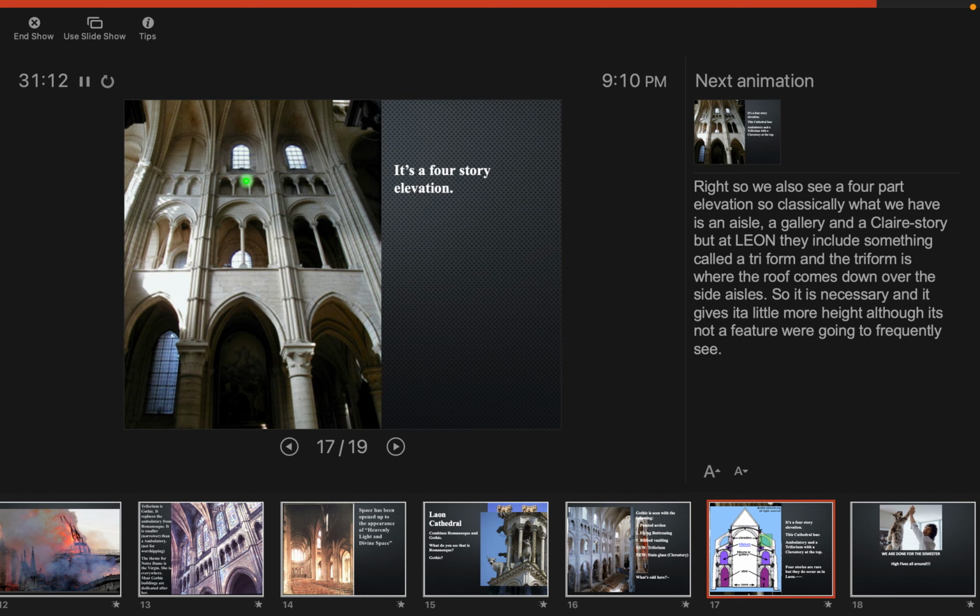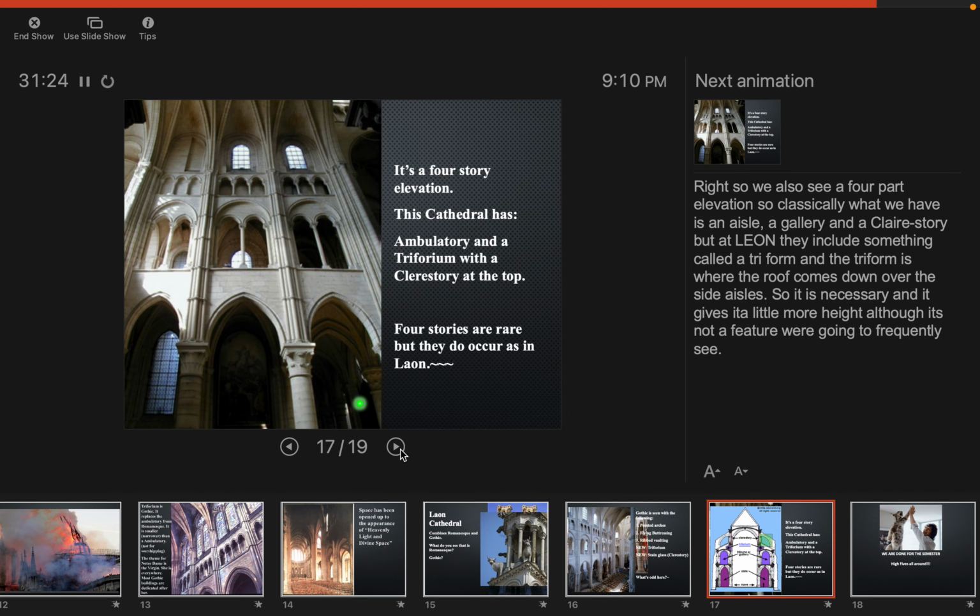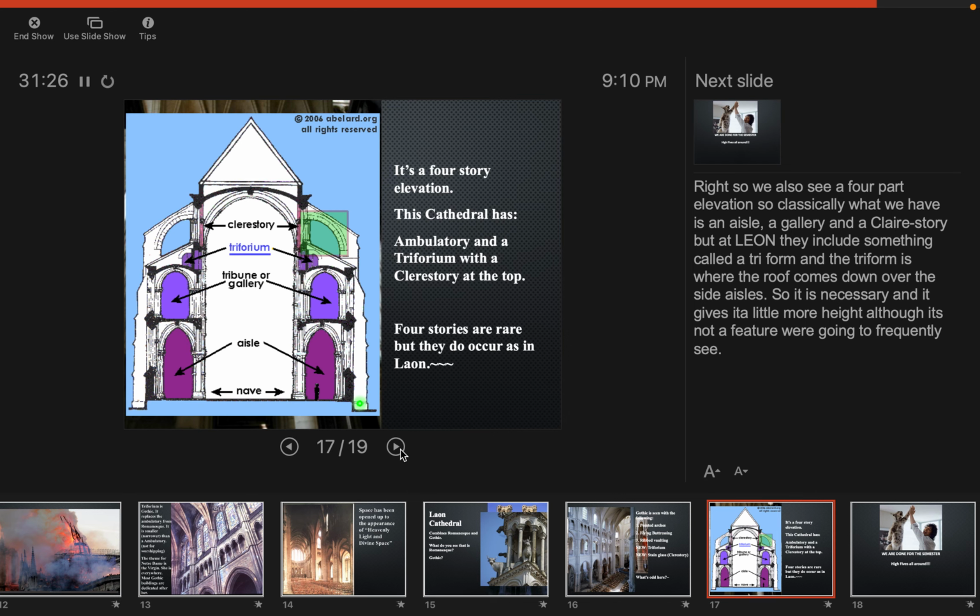So, this is no longer something that could be walked through, and then the windows would come on top. Oh, and then here we have a nice little cutout view. So this does a great job of showing where the triforium is and where the roof comes down. So, pretty basic. Nave, aisle, ambulatory, triforium, clerestory, where the windows are located.